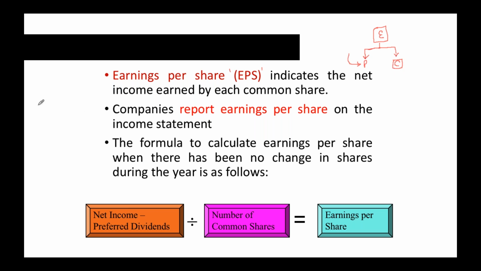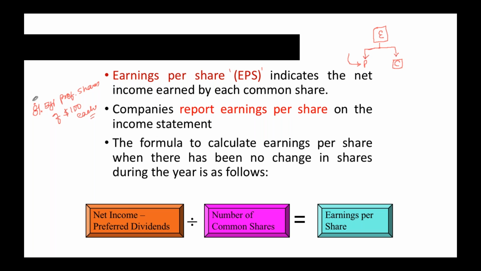So while selling the preference shares, we clearly mention 8% 5-year preference shares of $100 each. So those who want some fixed income from the company, irrespective of the profitability of the company, buy the preference shares.